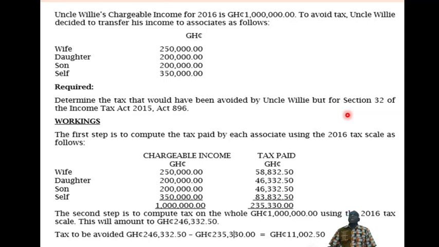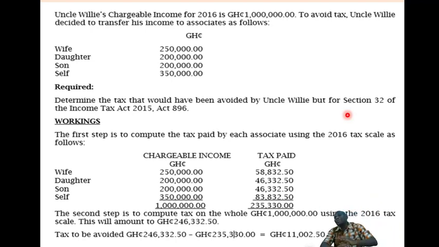Because I told you that Section 18 is changing accounting year. Section 31 is arm's length standard and arrangement between associates. Section 32 is income splitting. Section 33 is with thin capitalization or debt restructuring. Section 34 is the general anti-avoidance rule, etc., etc. So I'm saying that if they say but for Section 32 and you have not learned that Section 32 deals with income splitting, you will be applying another tax avoidance rule to check this one, and you will be wrong.